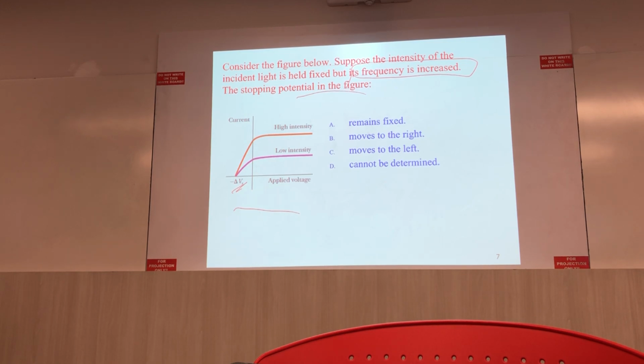So what do you think? Let's vote, yeah? A, B, C, yeah? So please don't choose D, right? So A, B, C. You can be wrong here, yeah? So, what do you think?